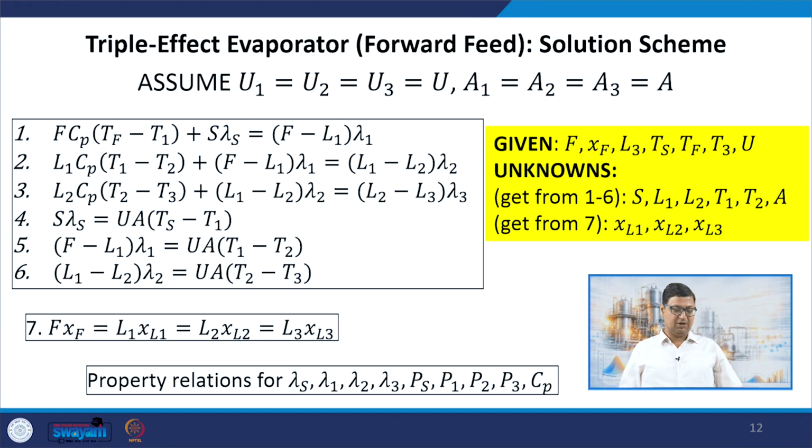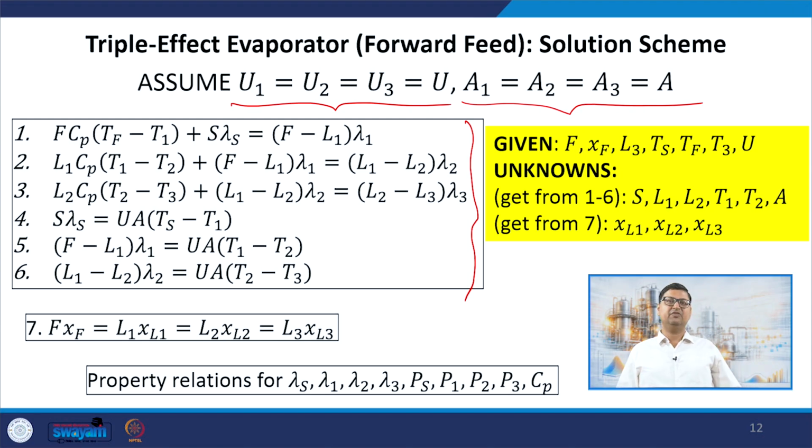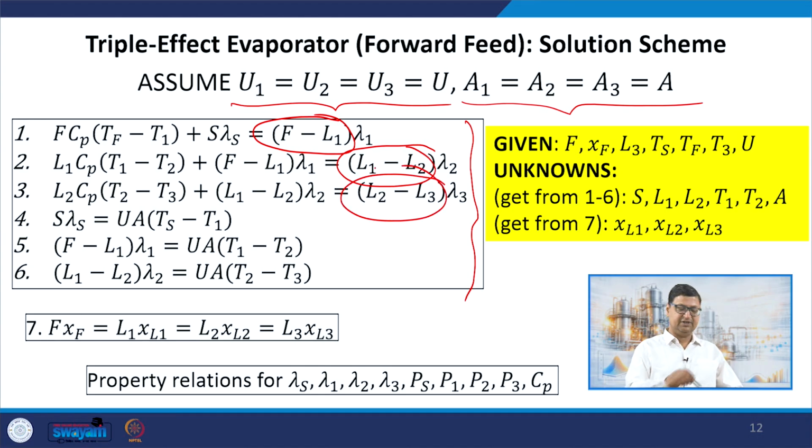So now we can do the substitution, but in order to make things easier, what we also assume is the heat transfer coefficients are the same for every effect, and the heat transfer area is also the same for every effect. So now the six equations, after substituting for V1, V2, V3: this is where we had V1 earlier, this is where we had V2 earlier, and this is where we had V3 earlier.